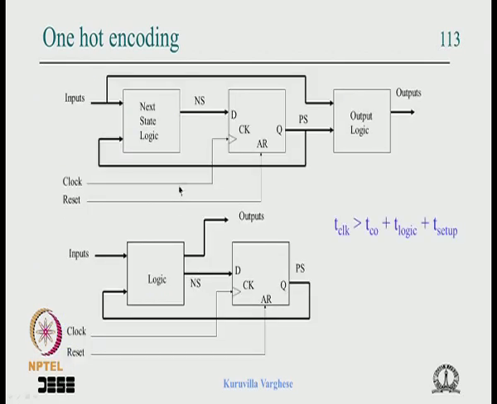Then this next state logic is spread over multiple CLBs, and the interconnection makes it slow. The clock period is TCO plus T logic plus T setup, and we are talking about the logic delay of the next state logic, which can become very high, and it can bring down the clock frequency of the state machine.